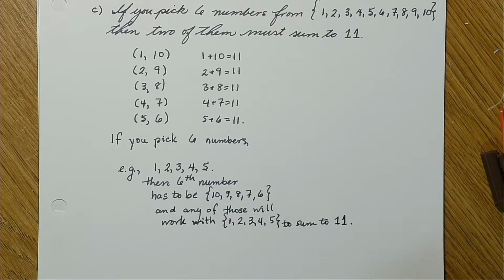And that's it. Therefore, by the pigeonhole principle, 2 of the numbers that you picked must be from the same pair, which by construction sums to 11. Pretty cool.